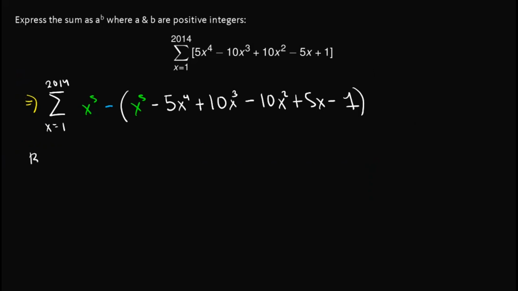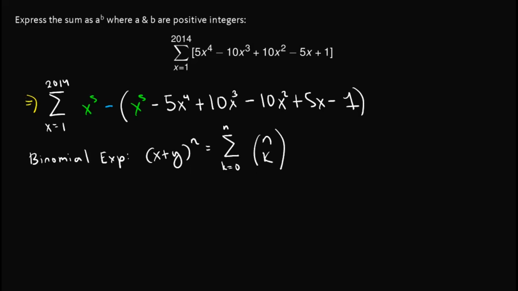For binomial expansion, the formula is given by x plus y raised to n is equal to the summation from k equals 0 up to n of the combination of n and k, x raised to n minus k times y raised to k.